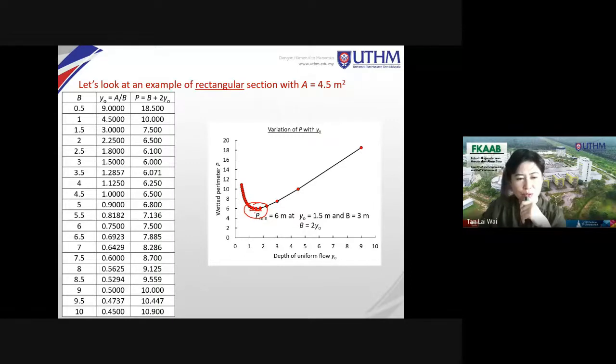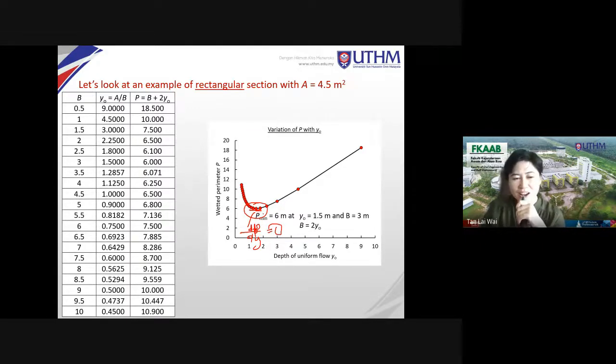dP/dy equals 0. Sorry, dP/dy is equal to 0. This one is P. So this is my inflection point here. When I set dP/dy equals to 0, it will give me P minimum as well.